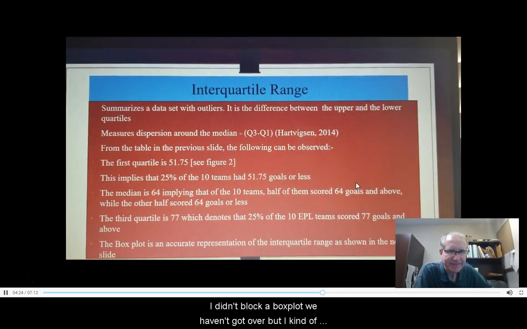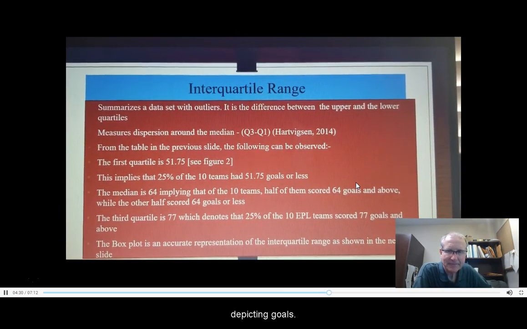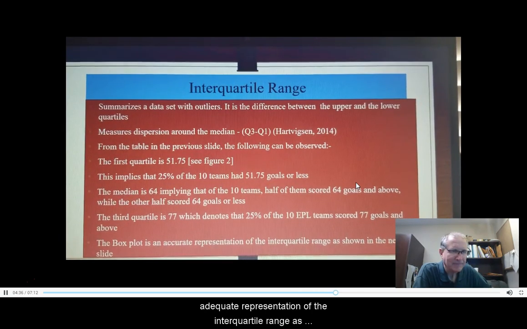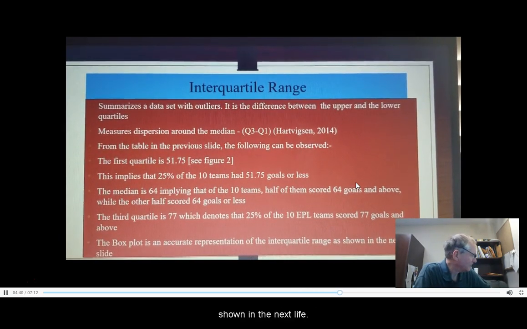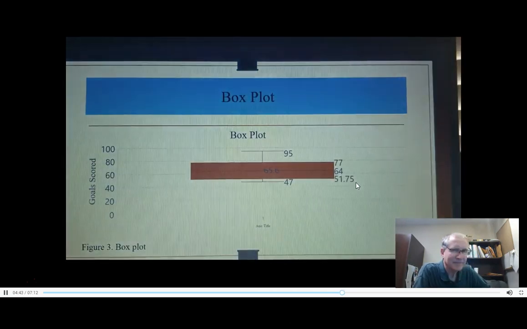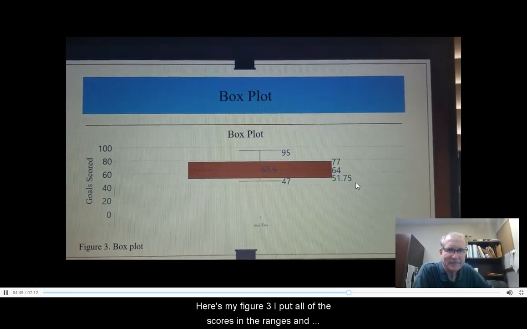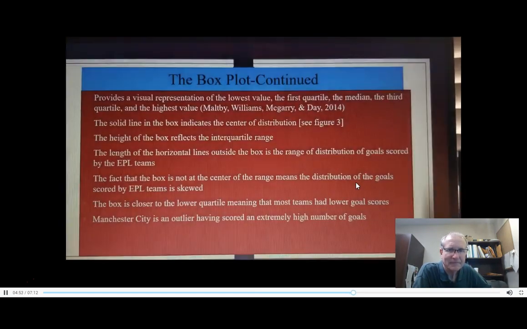I did a box plot. We haven't gone over it, but I researched it a little bit. A box plot is a method for graphically depicting groups of data through their quartiles. The box is an adequate representation of the interquartile range, as shown in the next slide. Here's my figure 3. I put all of the scores in, the ranges, and 65.6 was the middle.